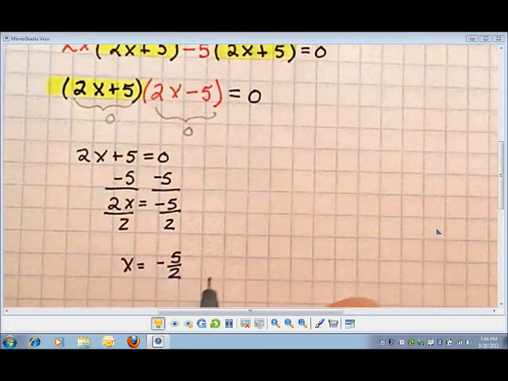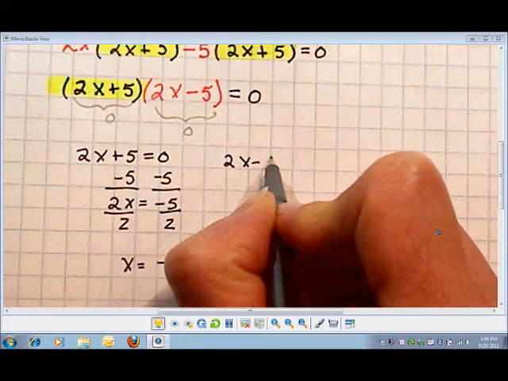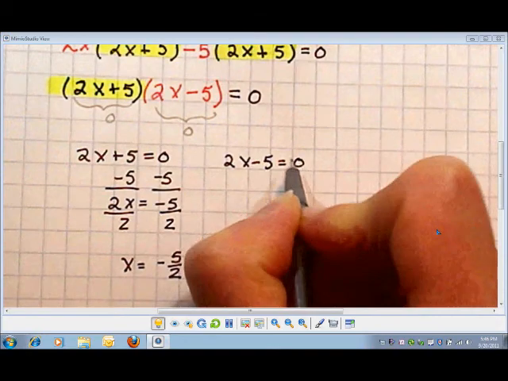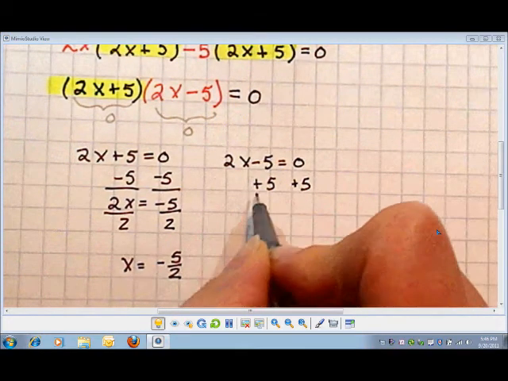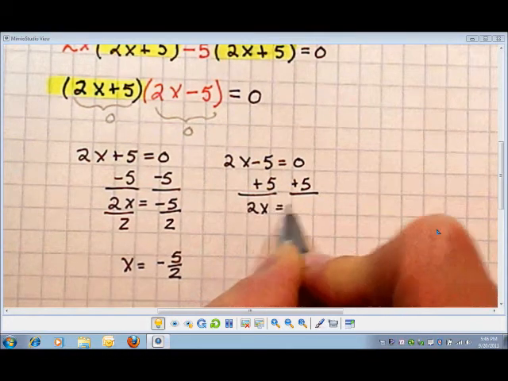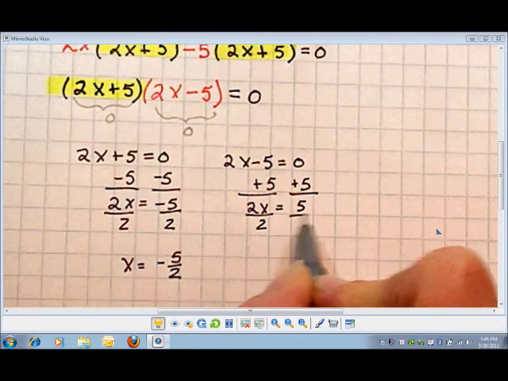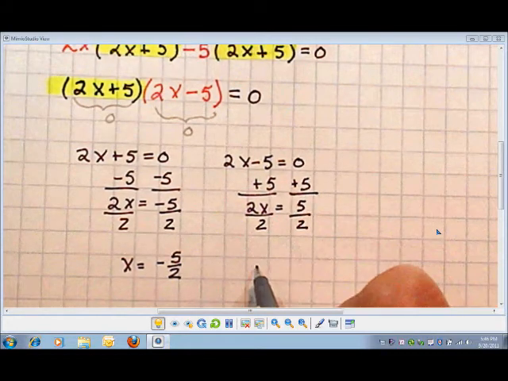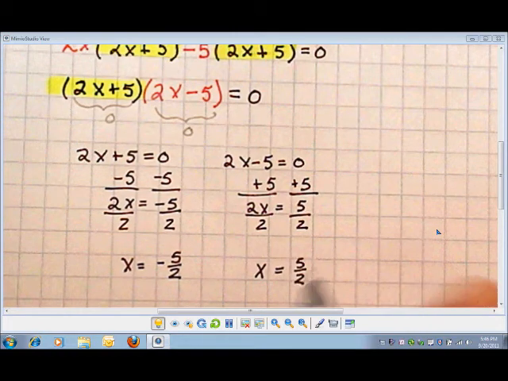That's one answer. The other one is 2x minus 5 equals 0. I add 5 to both sides, so that gives me 2x equals positive 5. Divide both sides by 2, so I get x is equal to 5 halves.